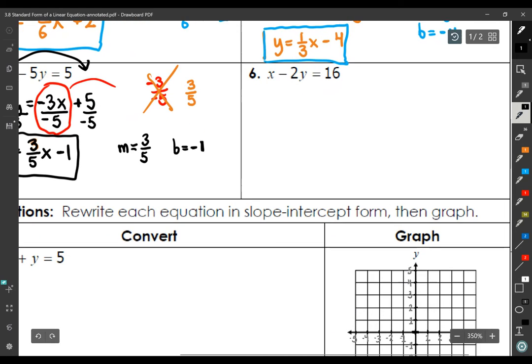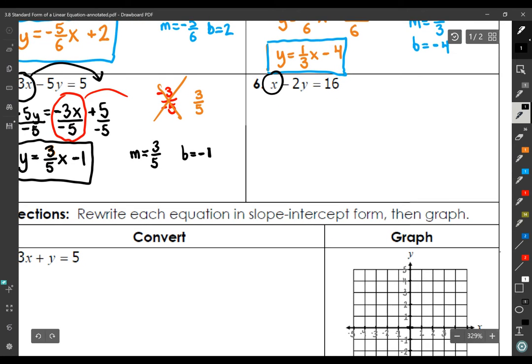Okay, last one. So again, move the x term over. So we have negative 2y is equal to negative x plus 16. And then we have y is equal to negative 1 over negative 2 x plus 16 over negative 2.